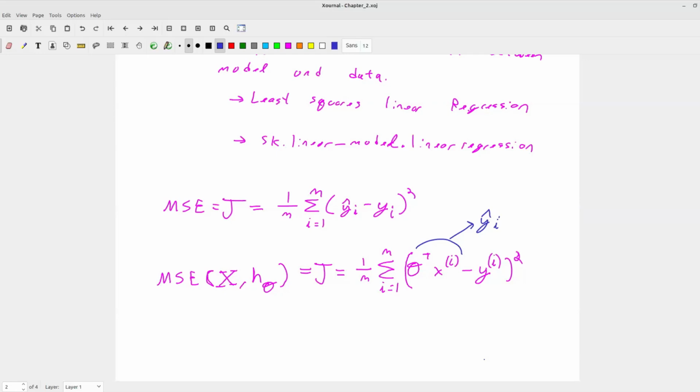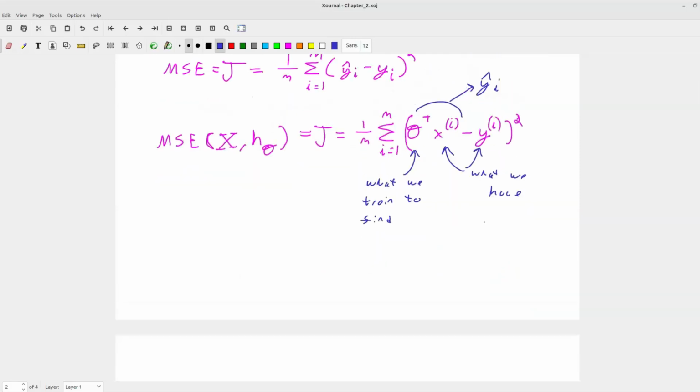Because this is what gives us our estimate, right? So theta are the parameters that we train. If we train theta, and we have x, I multiply those together and I get y of i. And that's what we're slowly working our way down towards.